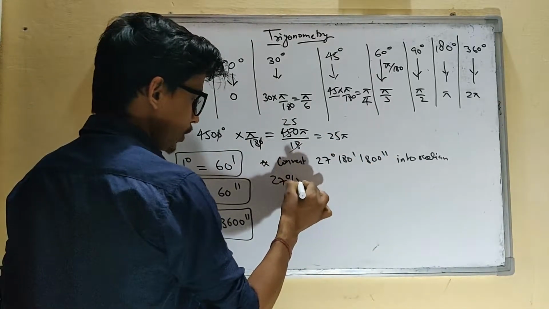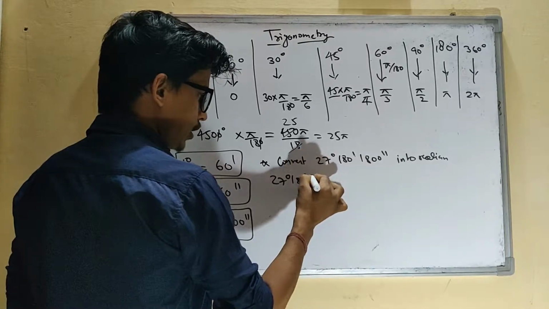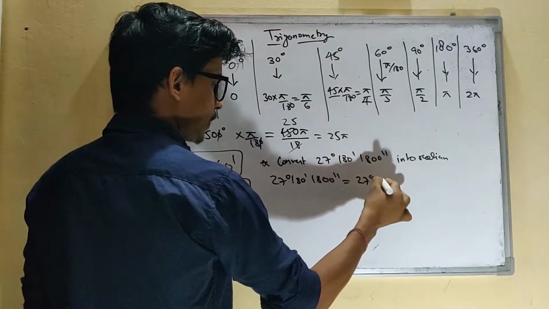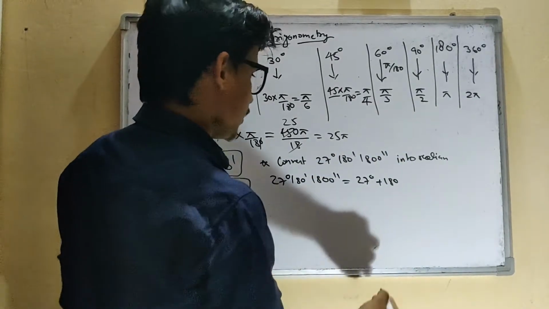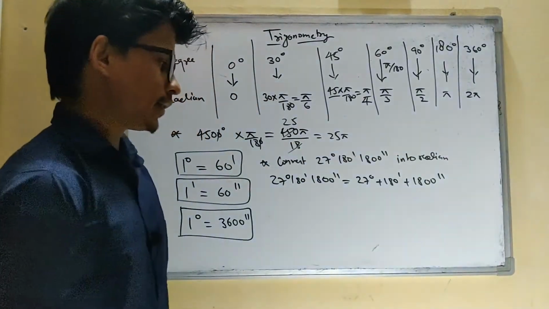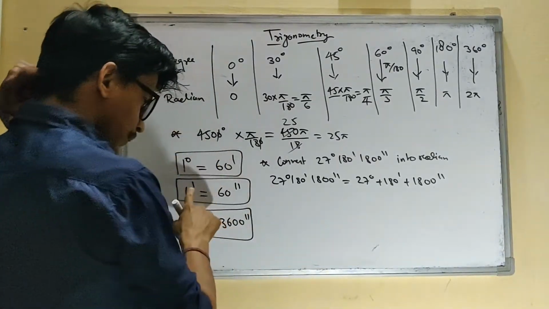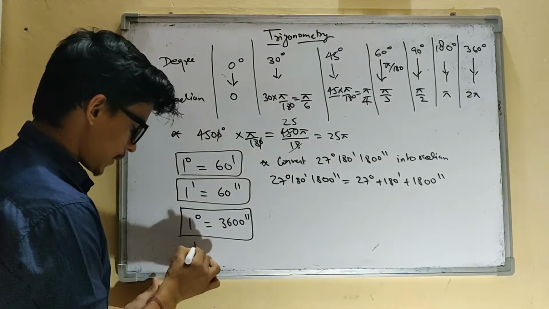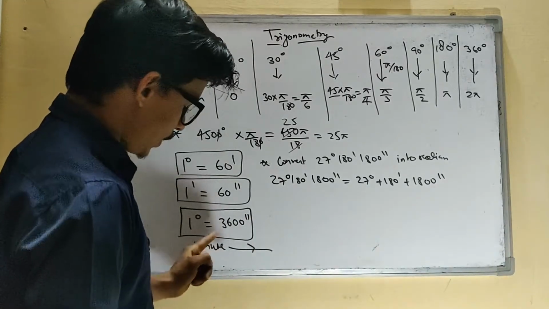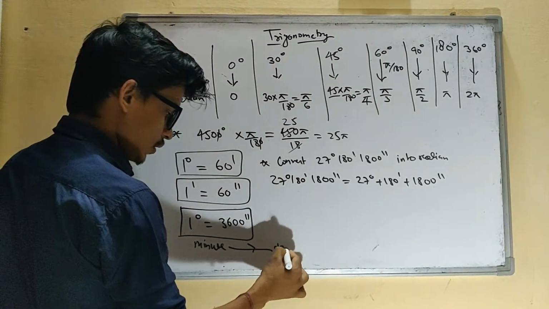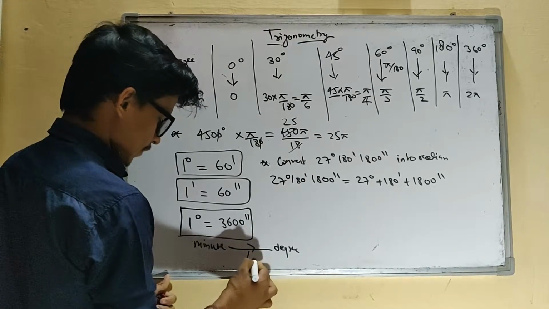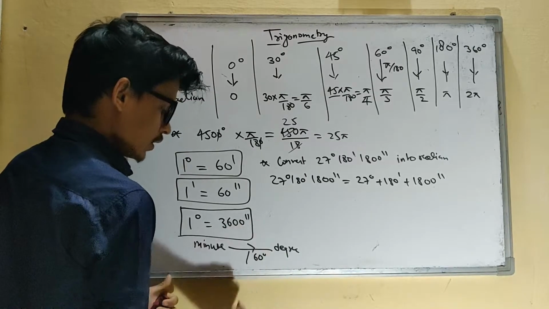27 degree 180 minute and 1800 second is actually equals to 27 degree plus 180 minute plus 1800 second. You can write it like this. Now if you want to convert minute into degree, you just divide by 60, right?